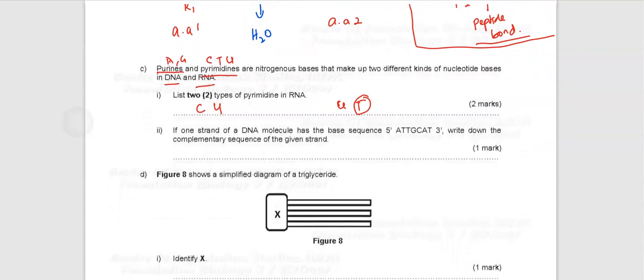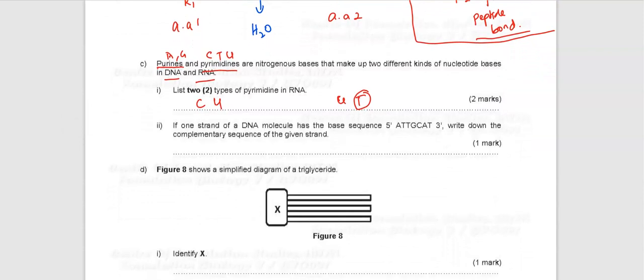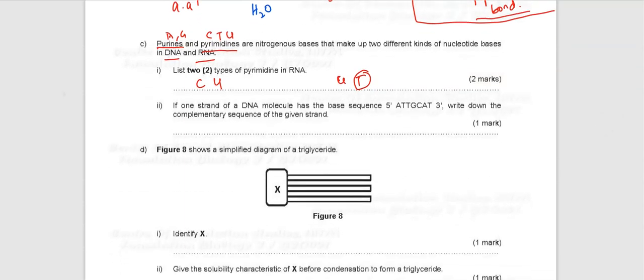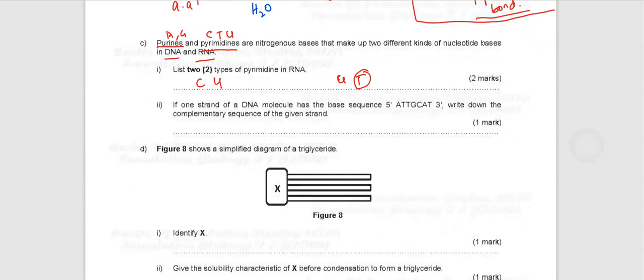So number 2, it says here, if one strand of a DNA molecule has the base sequence 5 prime ATTGCAT 3 prime, write down the complementary sequence of the given strand. As you know, a DNA molecule consists of double strands, and it is basically helical.